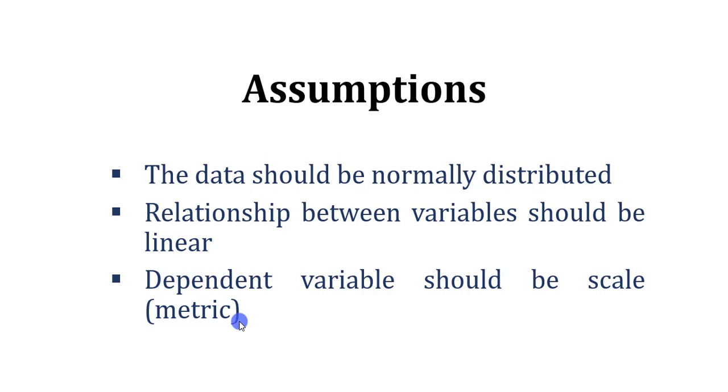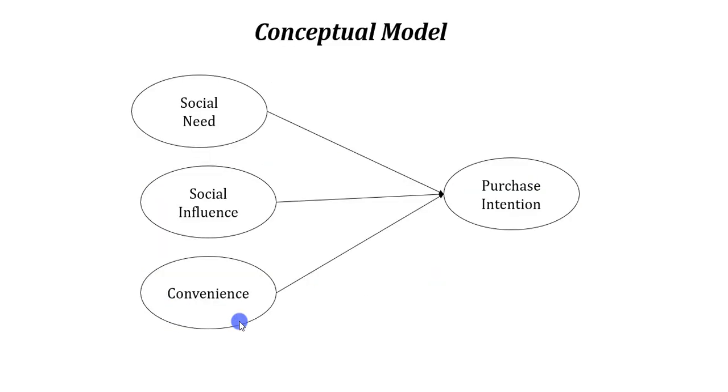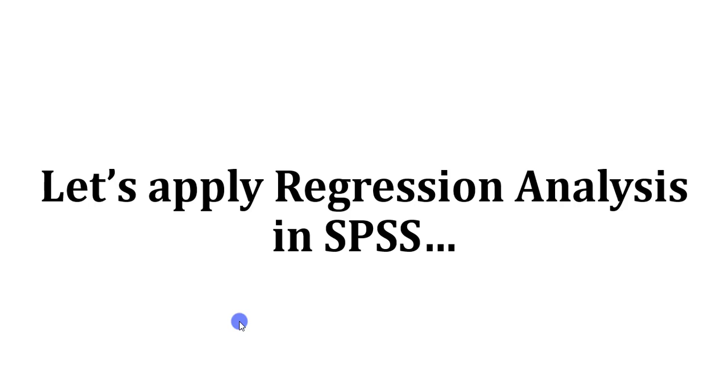It means whenever you are applying regression analysis, you cannot use any categorical variable as dependent, for example gender. You cannot make gender the dependent variable when you are applying the linear regression test. So now we are ready to estimate this conceptual model. If you are ready, let's get started.